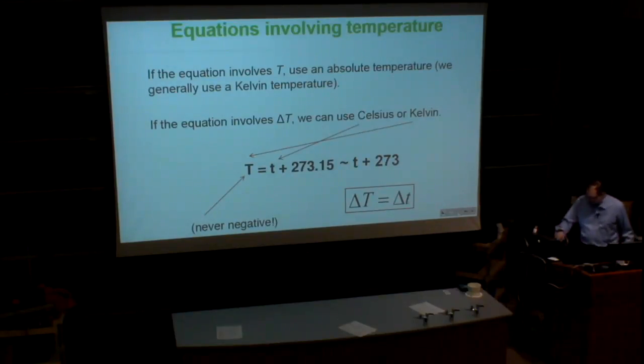What is good about the absolute temperature, it is linearly related to the Celsius temperature, which means even if they are different in degrees, the change in temperature is the same for both.